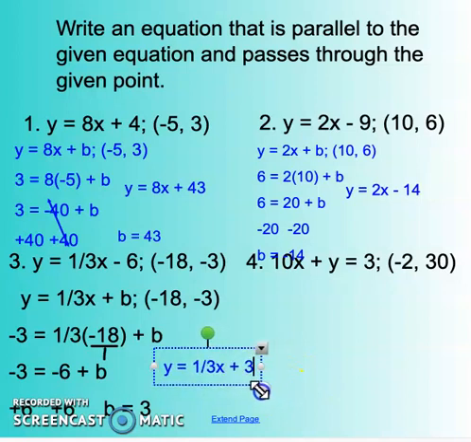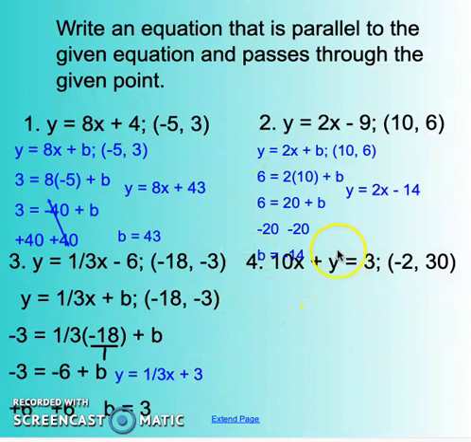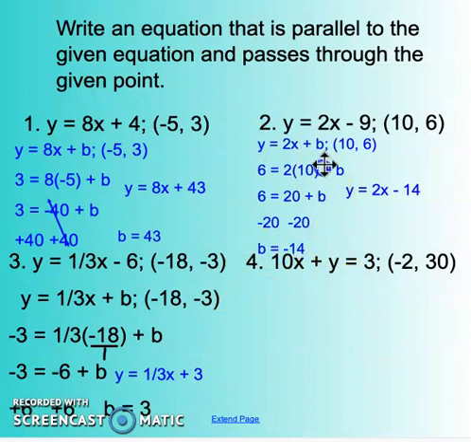Now what if we have an equation that's not in slope-intercept form? Like if you look at number 4, our equation is 10x plus y equals 3. Well, this is not slope-intercept form, but we can make it into slope-intercept form. How do we move the 10x over? Yeah, subtract 10x so that it moves it over to the other side.